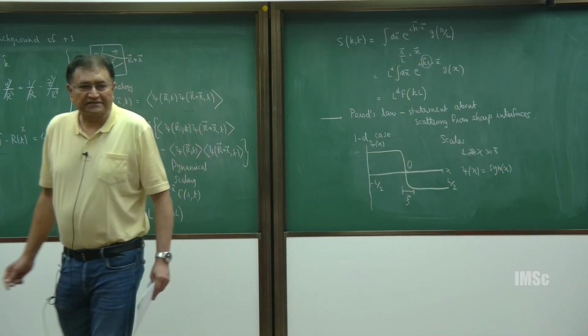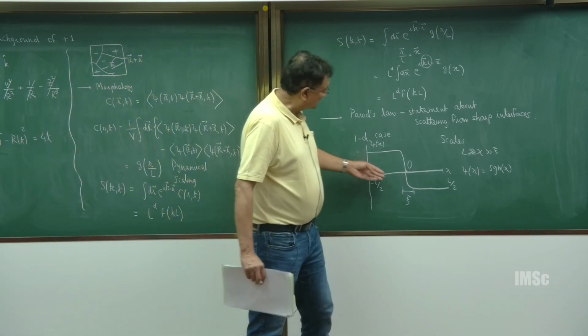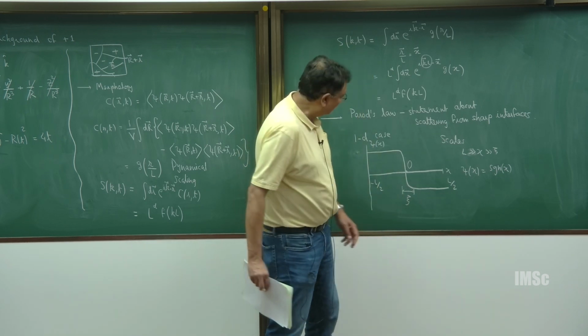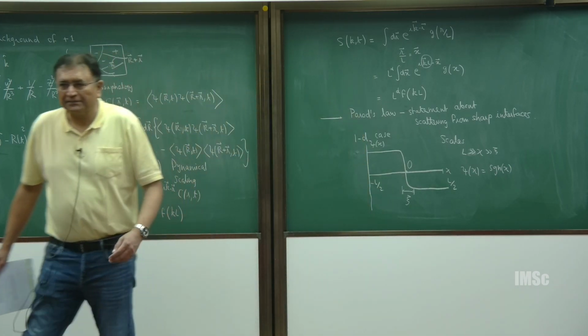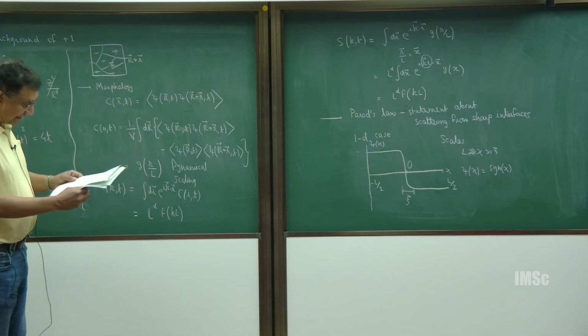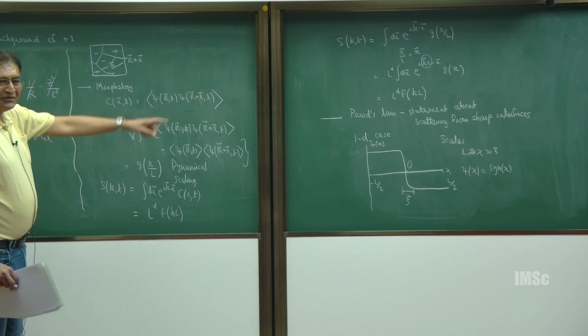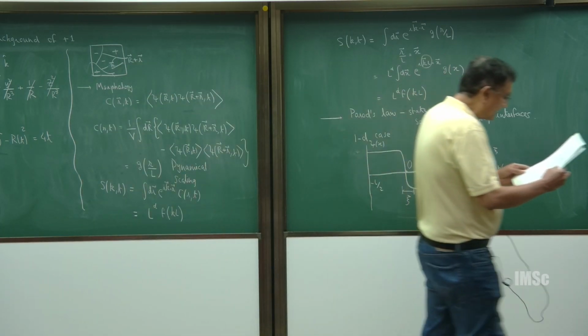So, wherever x is negative, it is plus 1, wherever x is positive, it is minus 1, I should have drawn it the other way. Anyway, it does not matter. Let us just take sign of x, and I am going to explicitly calculate this quantity for a sign profile, and it is going to give you something interesting.